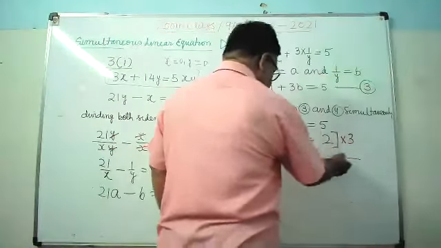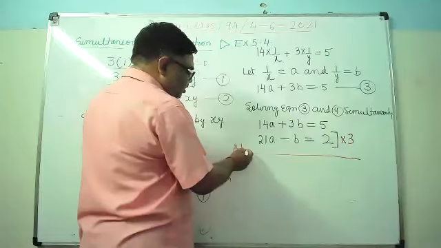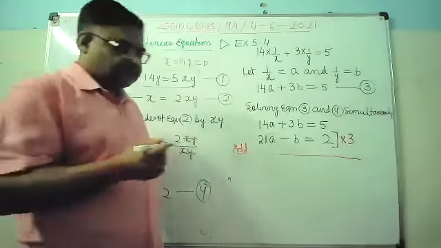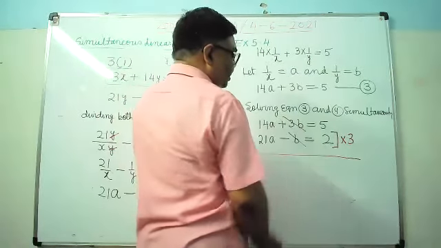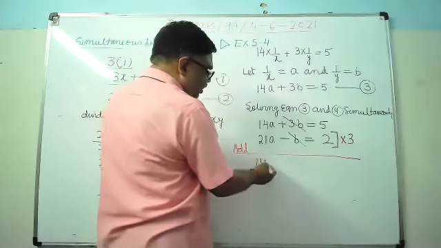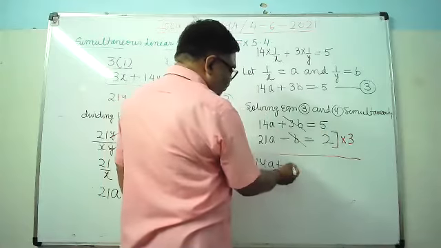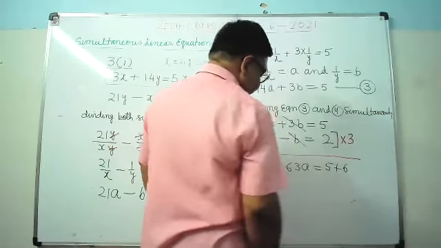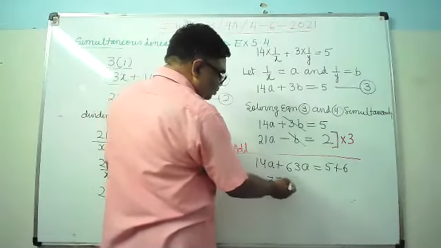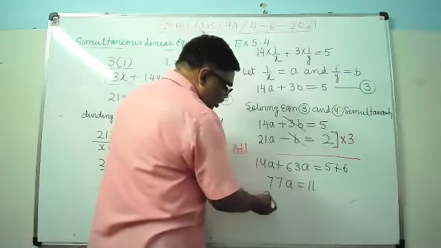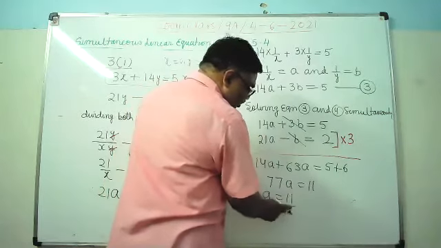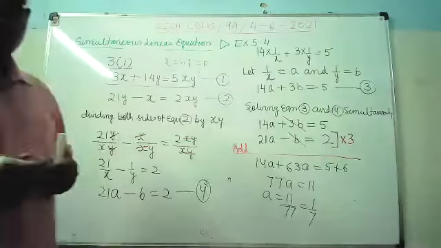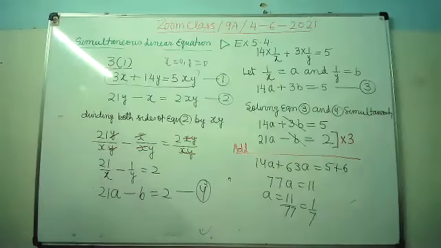It means you will add, because signs are opposite, therefore add. If same sign, then subtract. So this and this will be cancelled. Now 14a plus 3 into 21, 63a equals 5 plus 6, so it is equal to 11. So a equals 11 upon 77. A equals 1 upon 7.